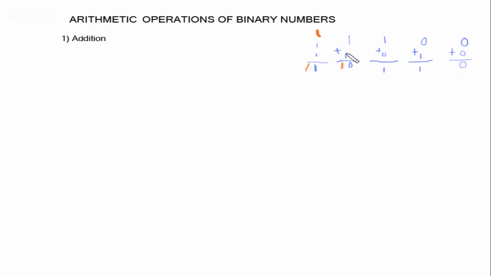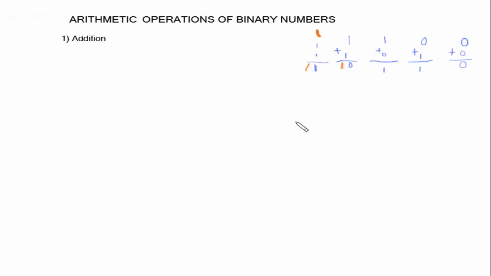In this scenario, this 0 will be written and 1 will get carried. And when we have a carry, 1 plus 1 plus 1 equals 3, which has an equivalent representation of 1, 1 in the binary number system. So these ones in orange color are carries.